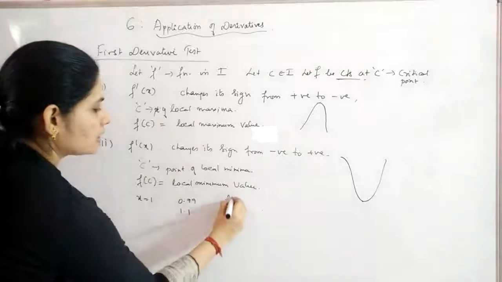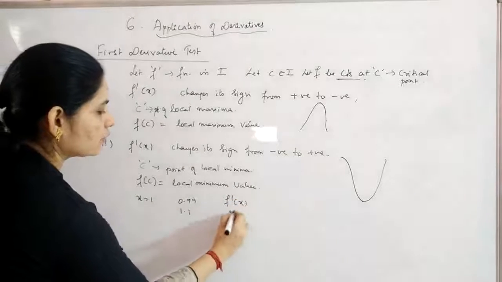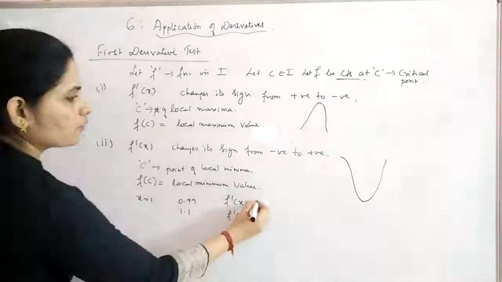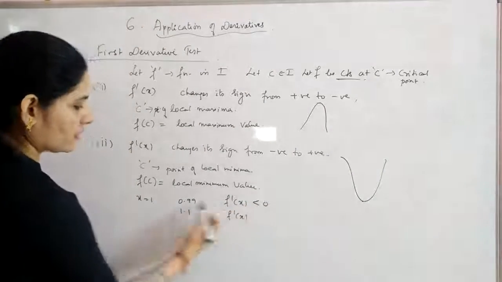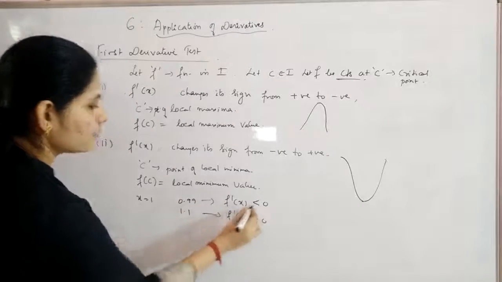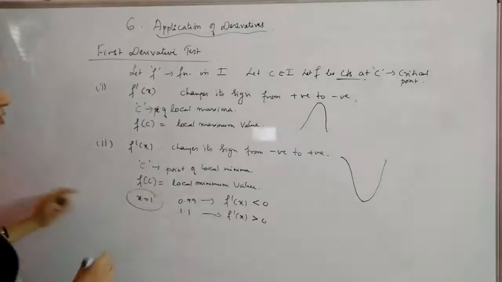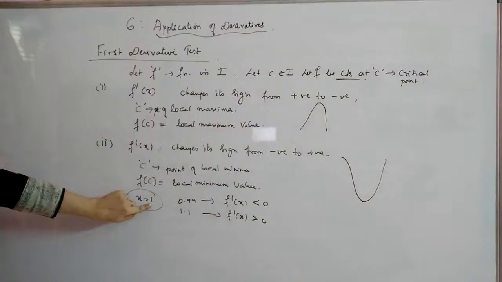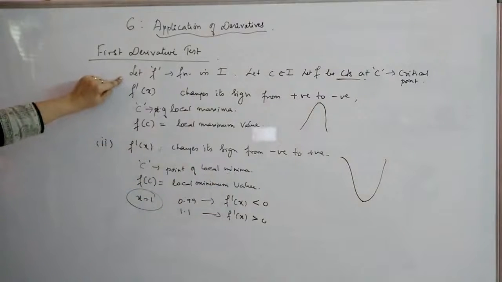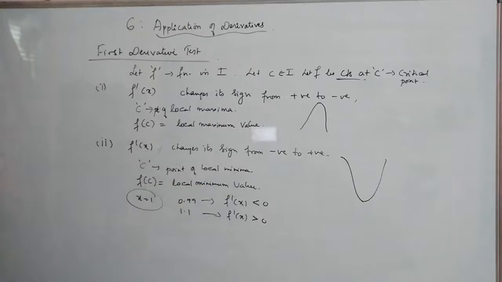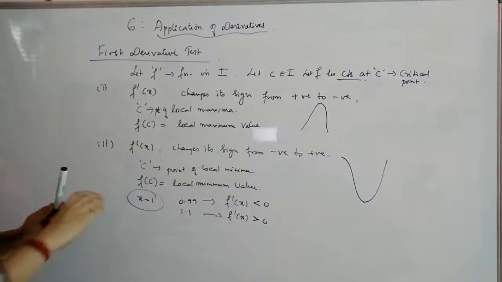If f dash of x at that point is less than 0 here and greater than 0 here, then you can say that x equal to 1 is a point of local minima. And when you substitute this 1 in the function, that is f of 1, that will give you the local minimum value. Understood?